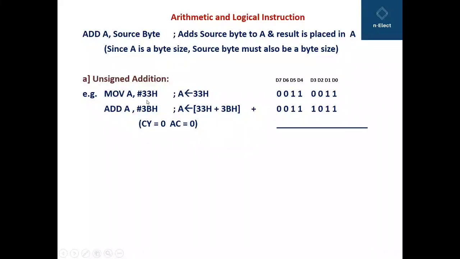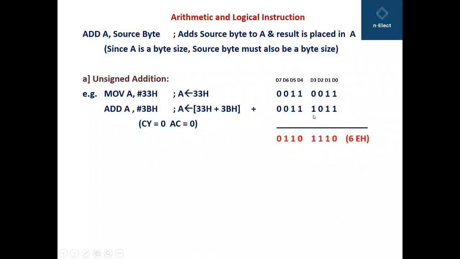So 33H plus 3BH, as 8-bit numbers, can be shown like this. On addition of these two 8-bit numbers, we get this resultant 8-bit number, which can be written as 6EH in hexadecimal. So 6EH will be the final contents of the accumulator after the execution of these two instructions.